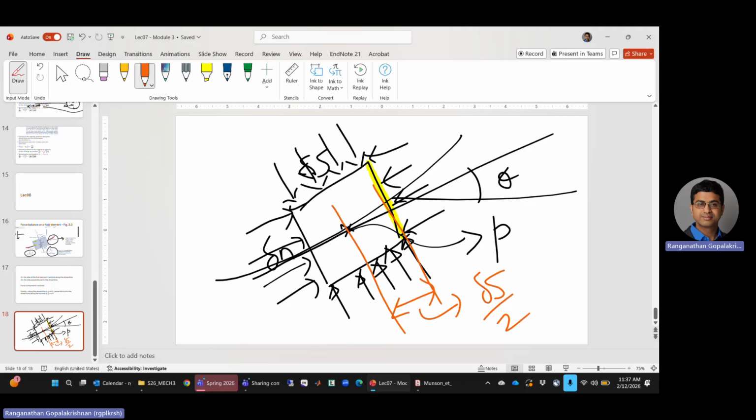If the pressure at a point is P, how much is the pressure delta S divided by 2 units downstream? If the pressure at this point is P, how can you write the pressure at this section, which is this distance away from the point of interest? Fundamental calculus.